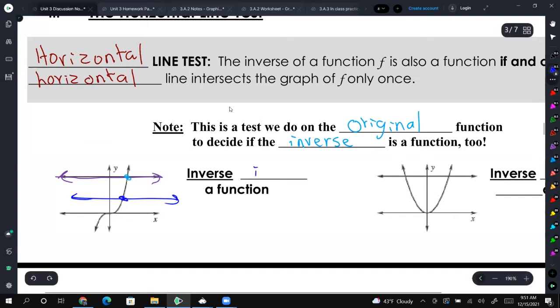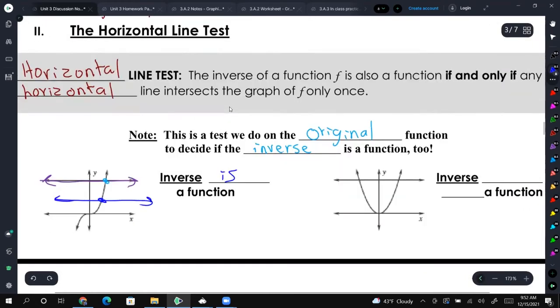So the inverse is a function because the original passes the horizontal line test. As opposed to this one with the parabola, where we can draw a horizontal line and touch more than once. So that means the inverse is not a function.